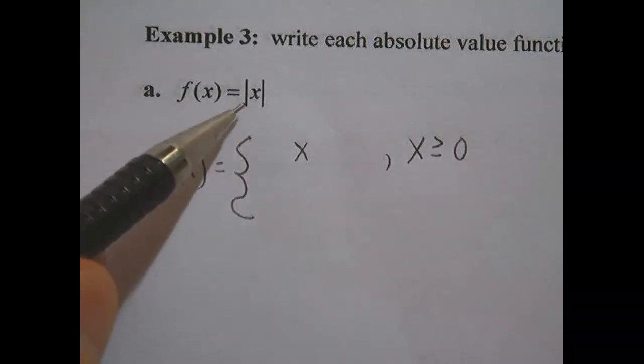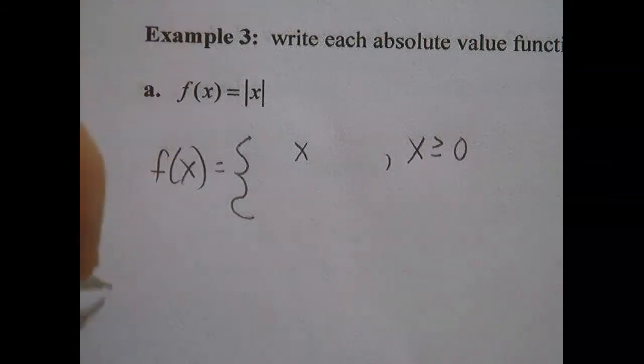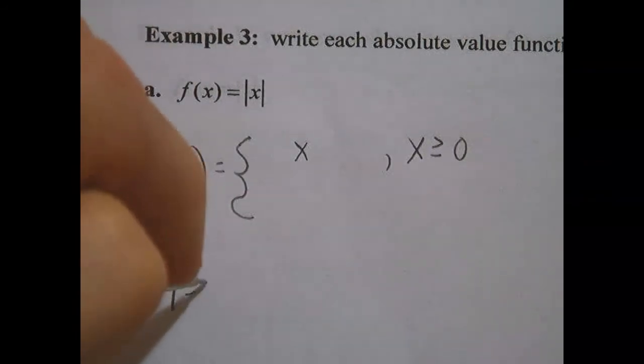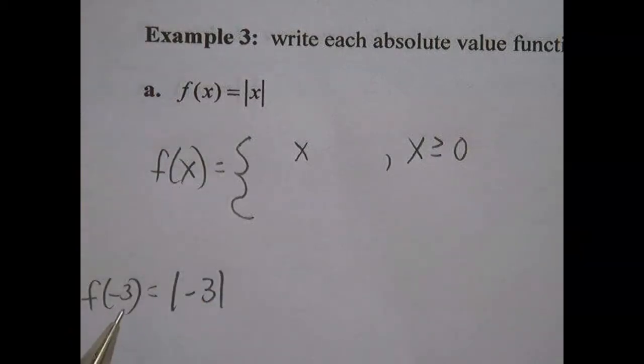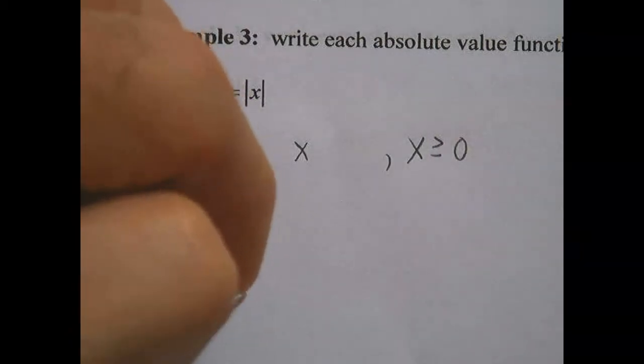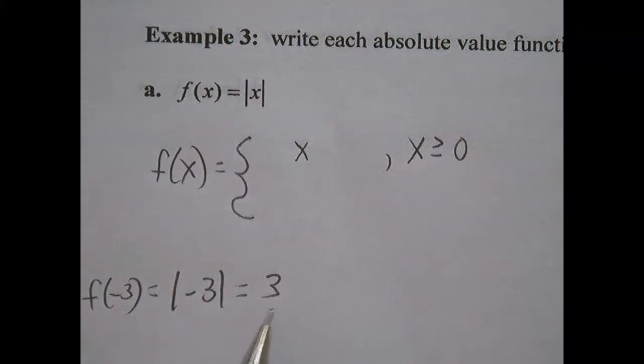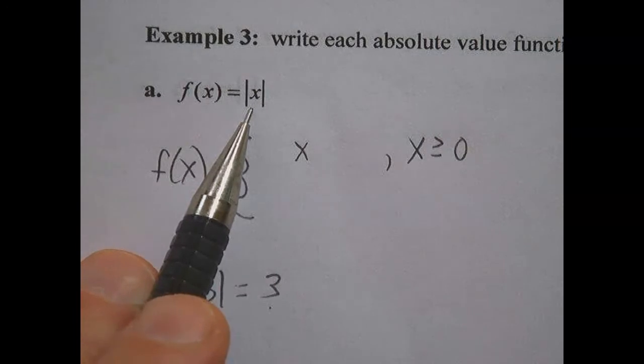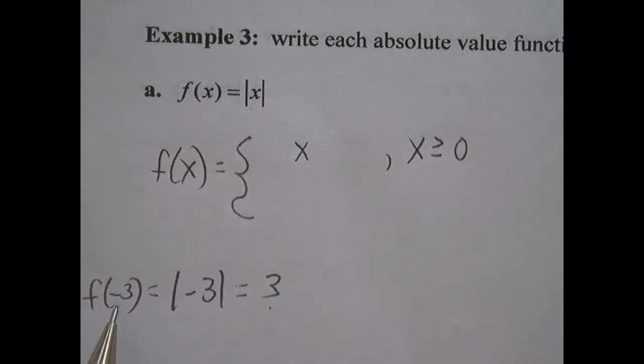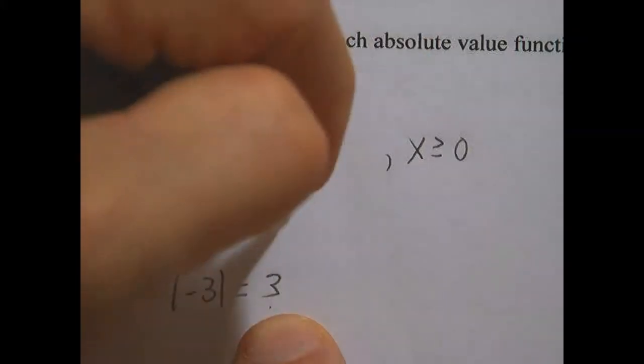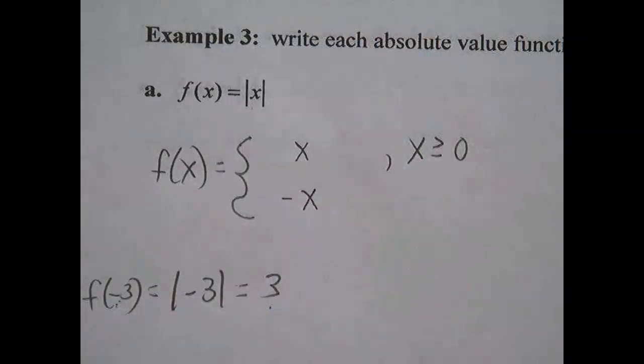If you put in a negative number here, like let's say you have f of negative 3, then what that does is takes the absolute value of negative 3 and it goes to the exact opposite of the negative, which is a positive. So when you take the absolute value of a negative number, your output is the opposite of what you started with, from negative to positive. So this is the opposite of what you started with, but only if you started with something that was negative.